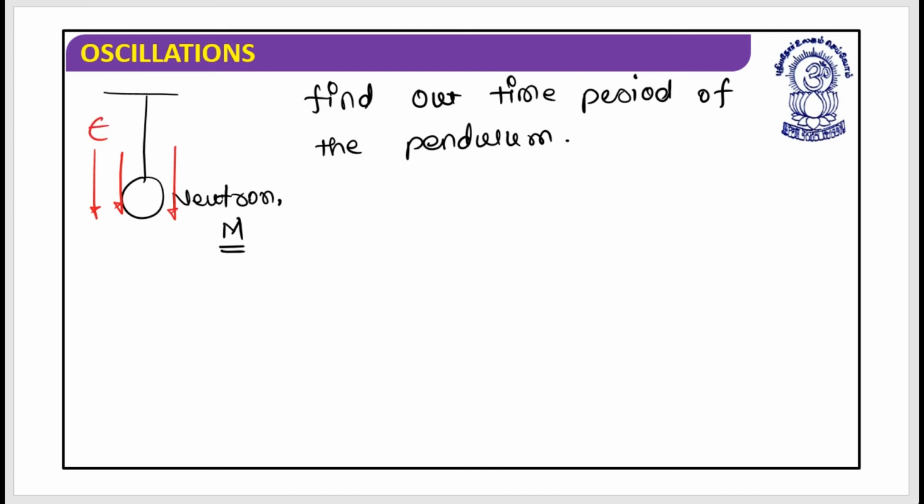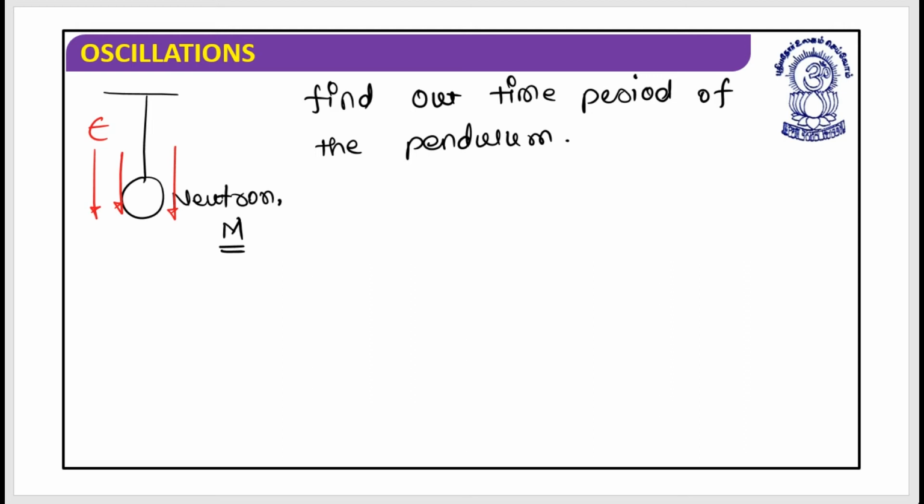This is the direction of the electric field. Now what do you think? Take 10 seconds and let me know what could be done. In which direction will the electric force act on this bob, which is made up of neutrons only?